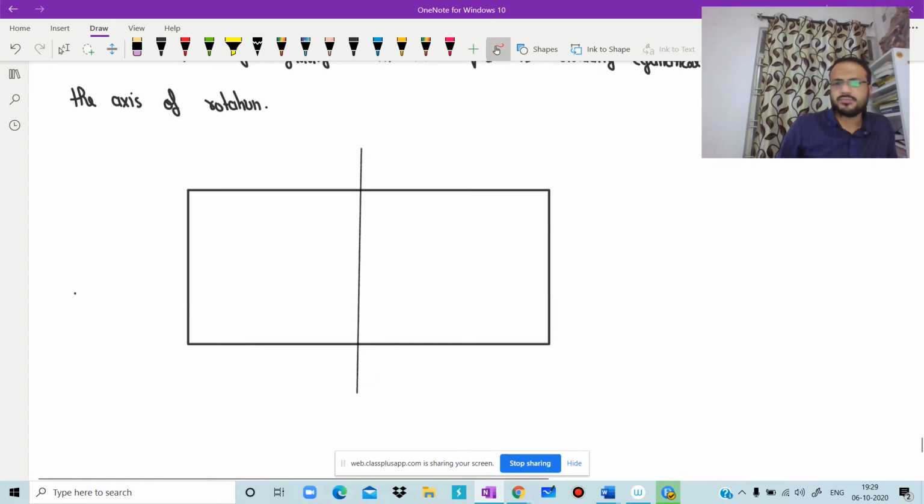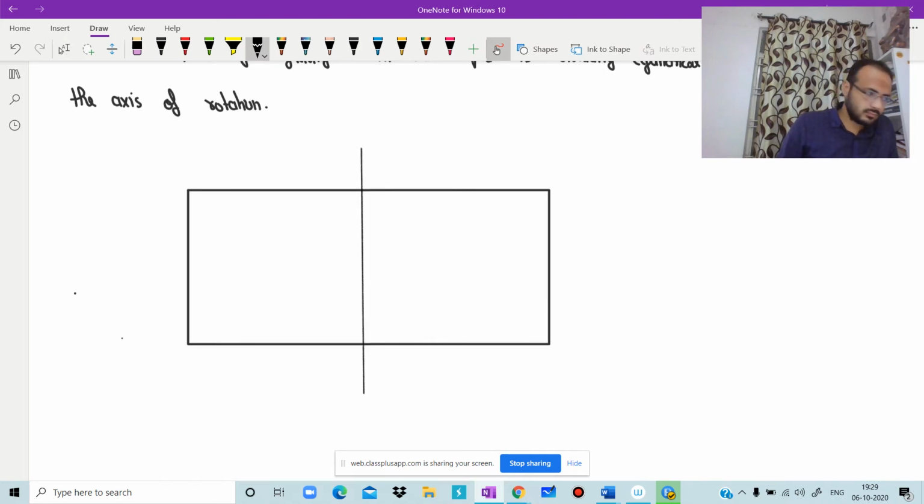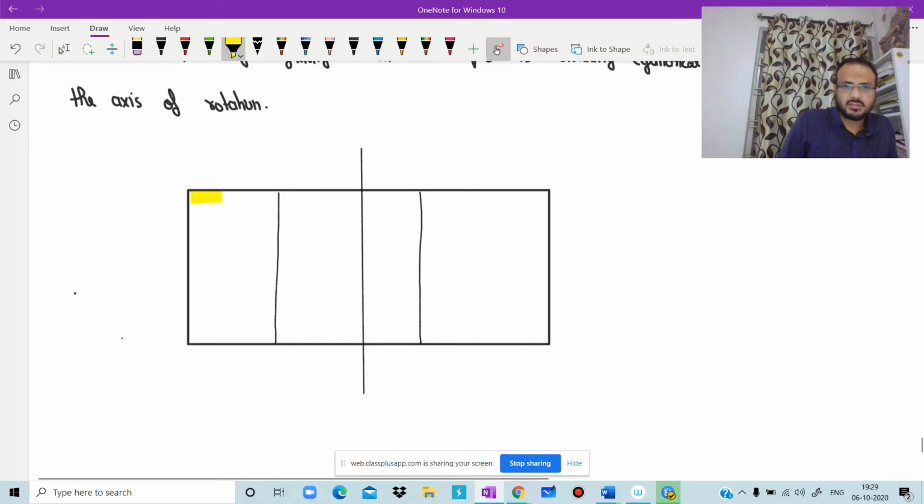Assume this is the center line, and all the material is present in this area and in this area.